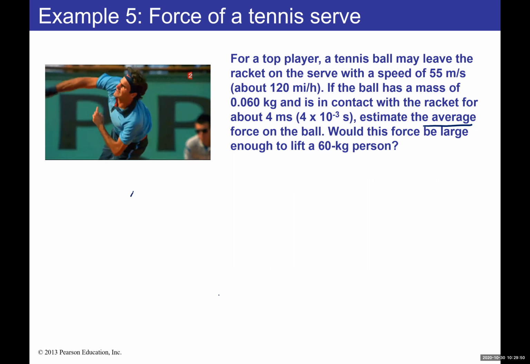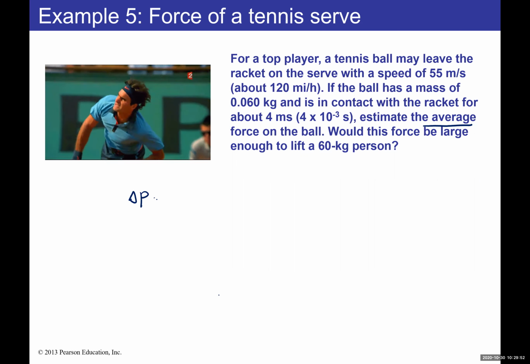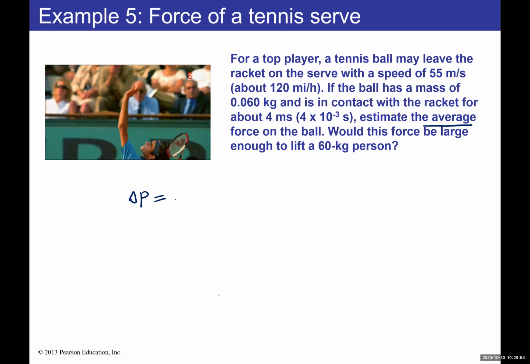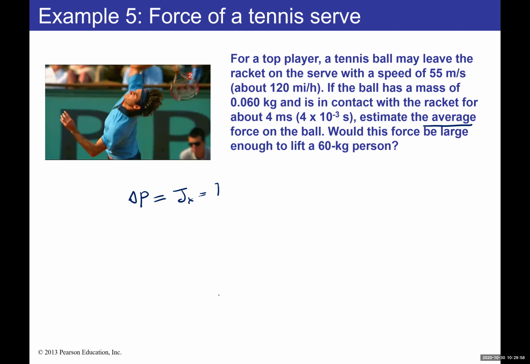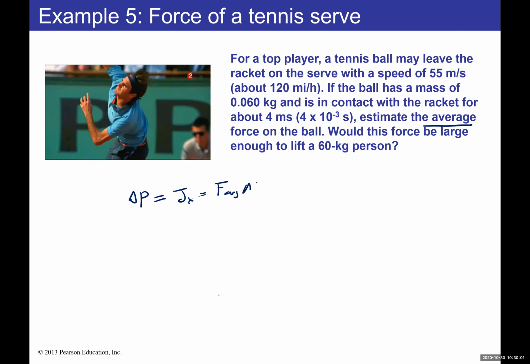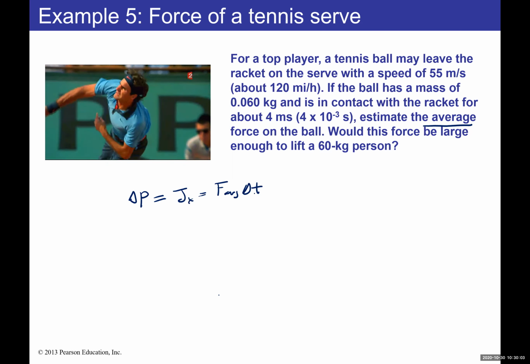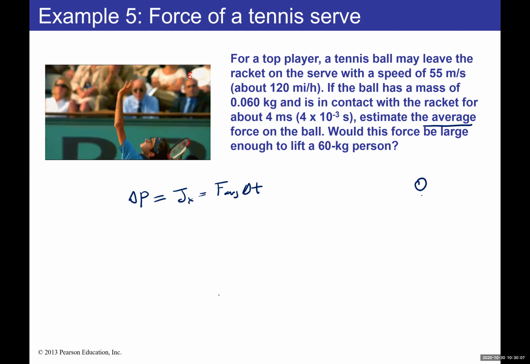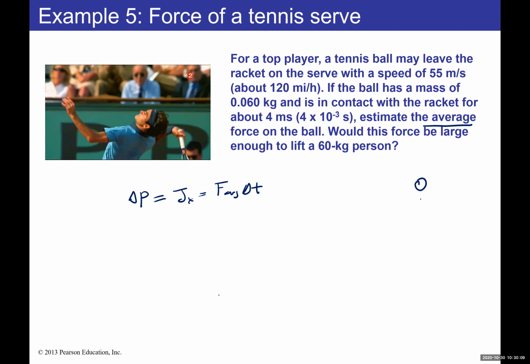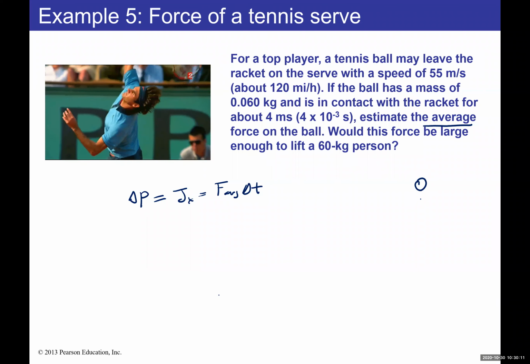In any case, its change in momentum is equal to impulse, which is F average times delta T. Now, remember, we assume that we are talking about the ball in a tennis serve. I don't know if you ever played tennis or have seen it.